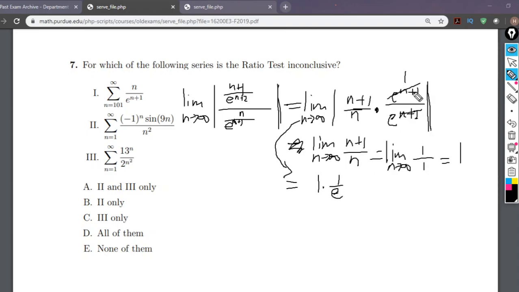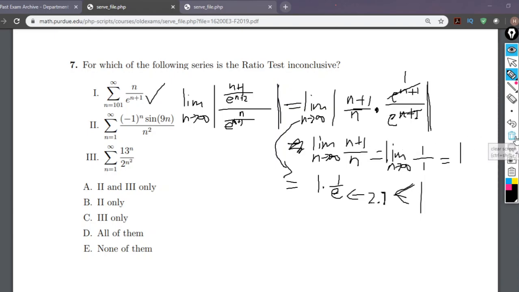Since there's no n term here, you don't have to plug in n here. It will just be 1 over e. So we know that e is something like 2.7. So this is definitely less than 1. So we can say that it is conclusive that the series will be convergent. So 1 will be conclusive.